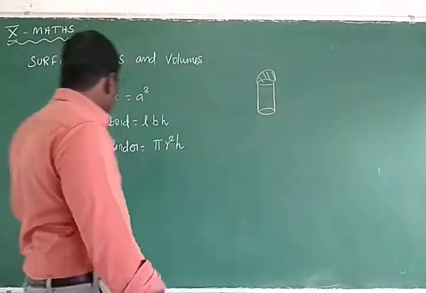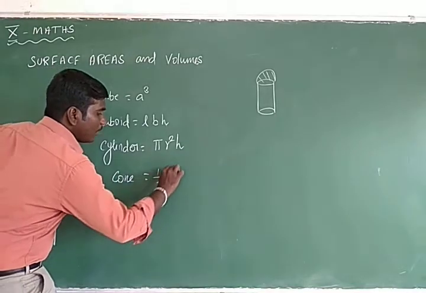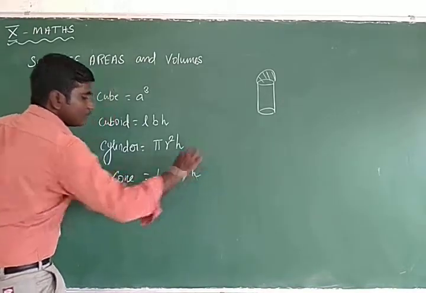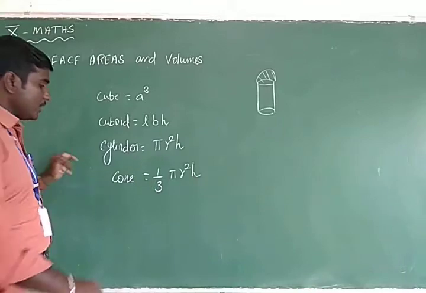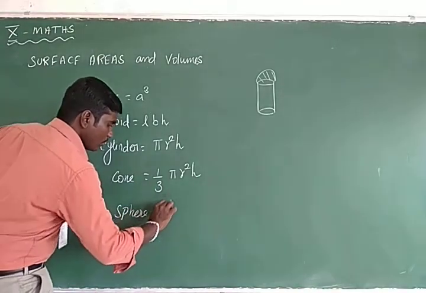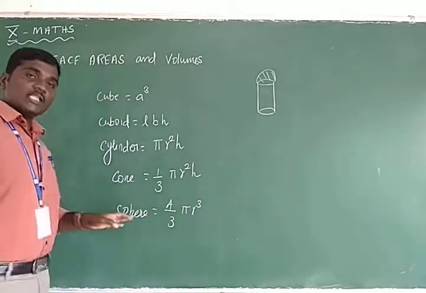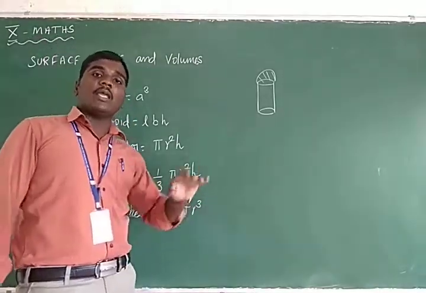Next, cone: one-third pi r square h. The next is sphere: four-thirds pi r cube. Sphere is equal to four-thirds pi r cube.